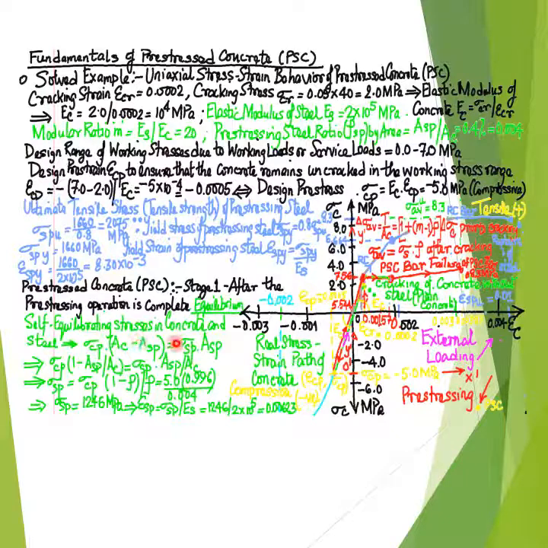Hence, the self-equilibrating stresses that are compressive in case of concrete and tensile in case of steel in the pre-stressed concrete bar can be calculated by examining the statical equilibrium of any cross-section of the pre-stressed concrete bar.